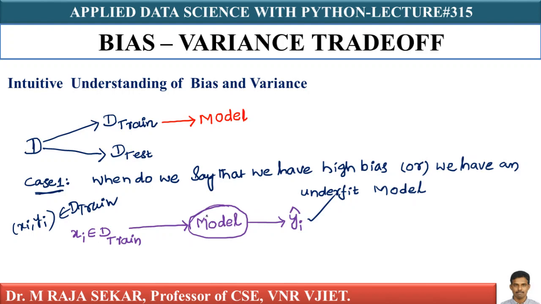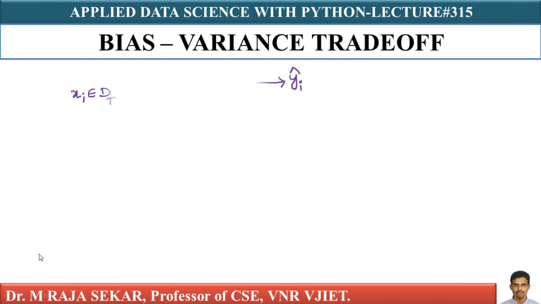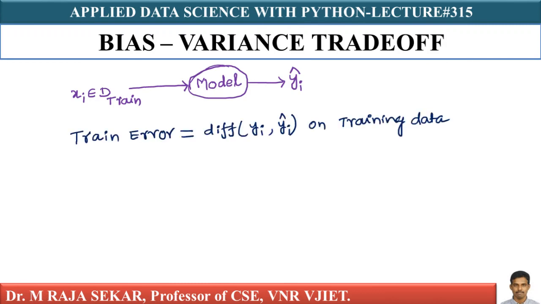Now this model can also have something called train error and test error. So there are two terms here: train error and test error. What is my train error?